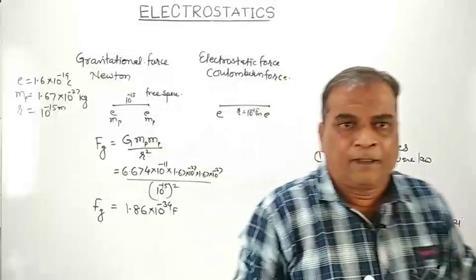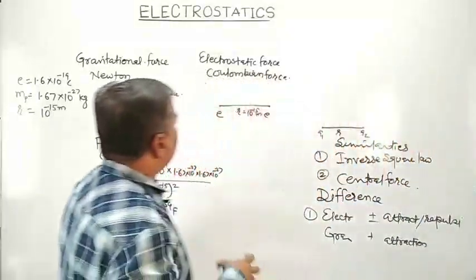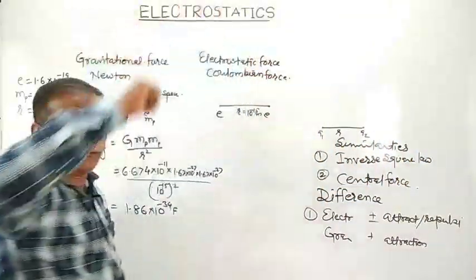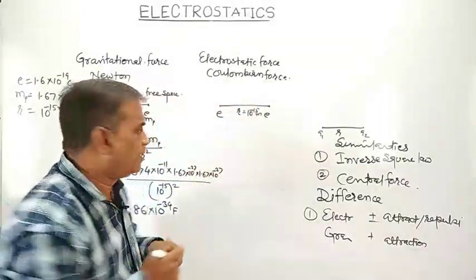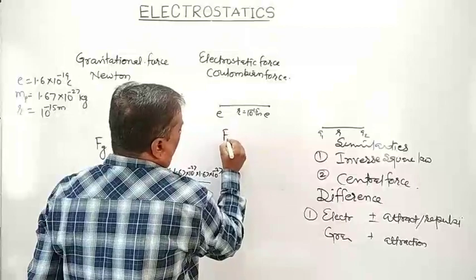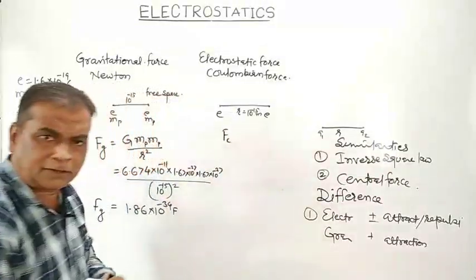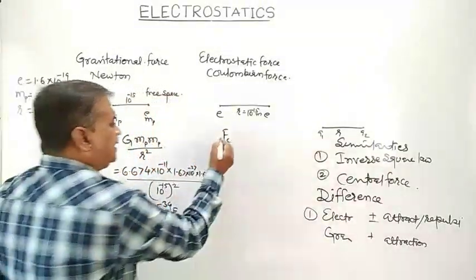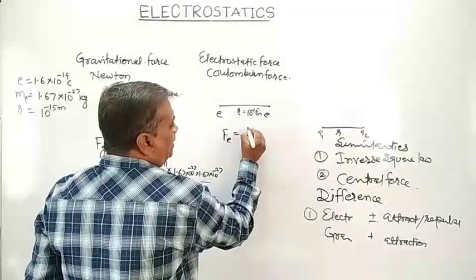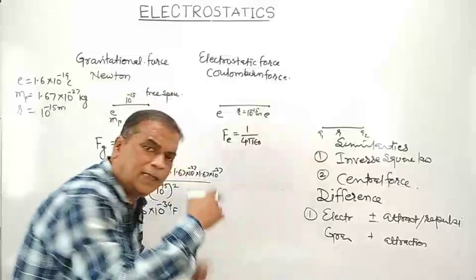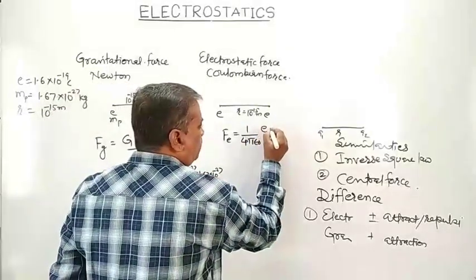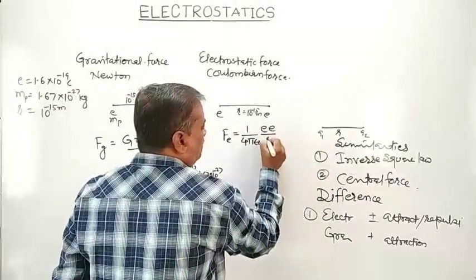Now, let us calculate the electrostatic force between the two protons separated by the same distance. We know the electrostatic force, that is Coulombian force. That electrostatic force between the two protons is equal to 1 upon 4 pi epsilon 0, Q1 Q2, here Q1 is a proton, Q2 is a proton, upon r square.